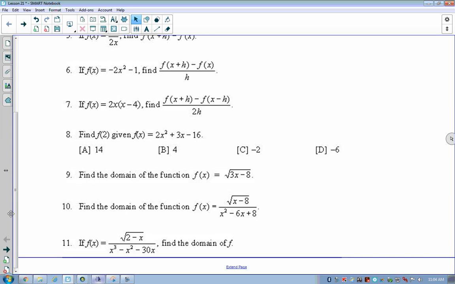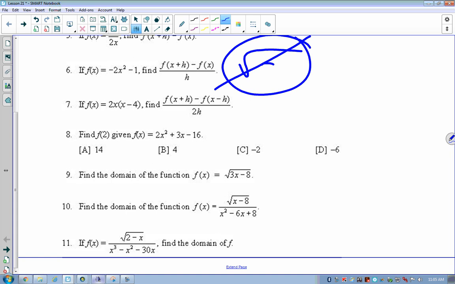Domain of a function. Okay. Domain of a function refers to x values. So what we're going to talk about is extraneous values, or values that we can't have. When I'm dealing with just a square root, my rule is that it cannot be negative.